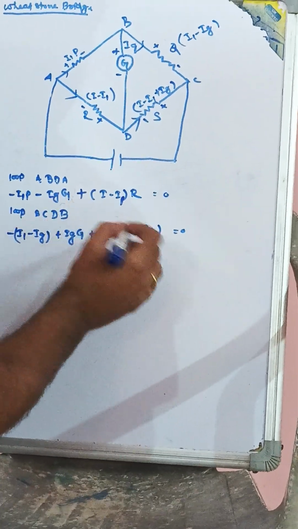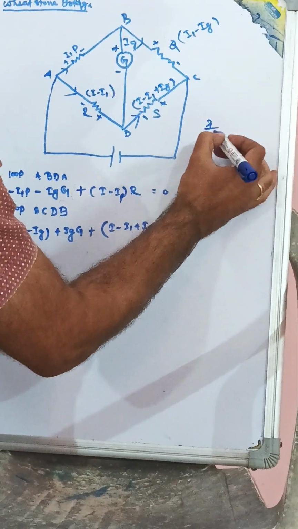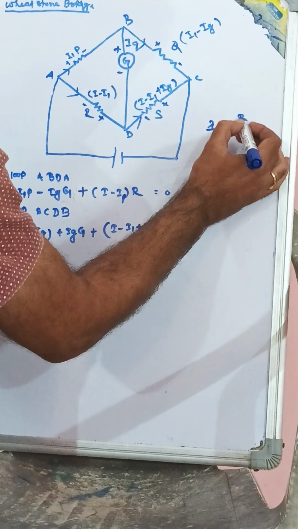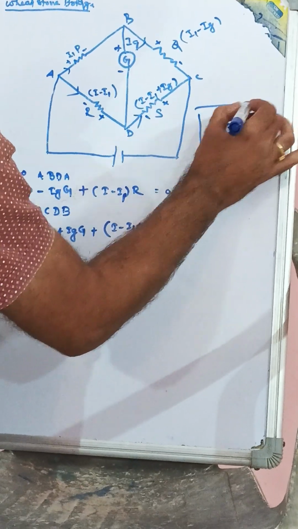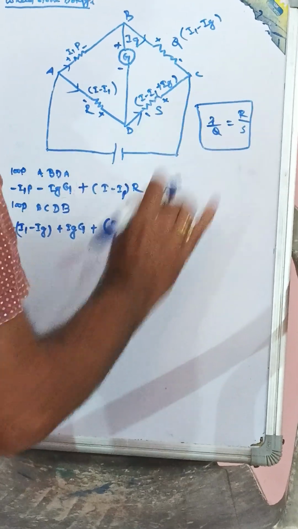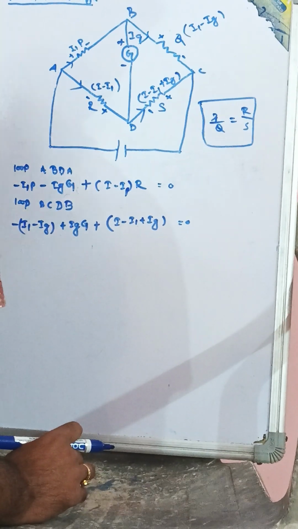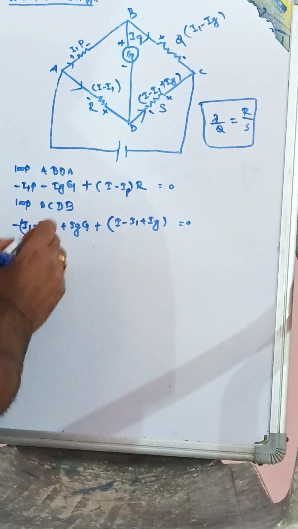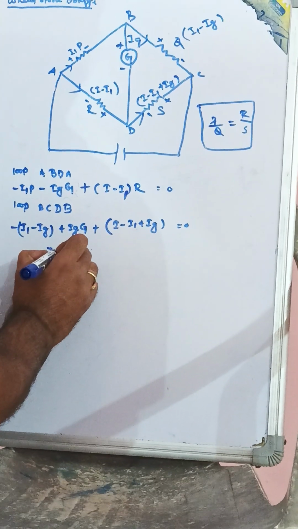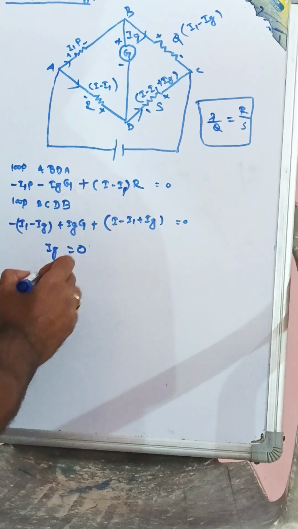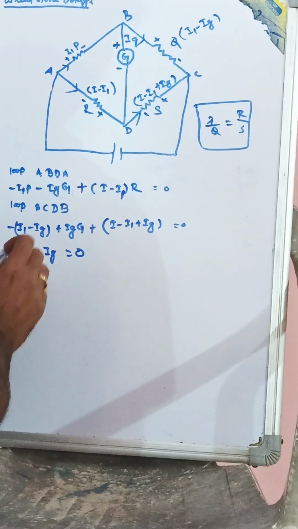From the loops, we find P by Q is equal to R by S. This is the Wheatstone bridge condition. Then Ig is equal to 0. Very easy long question. We have to practice it.